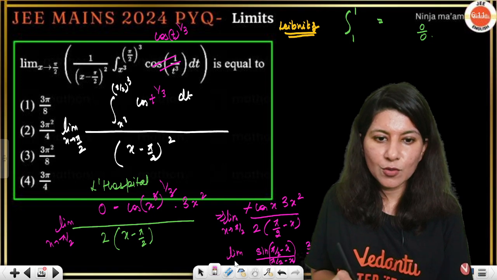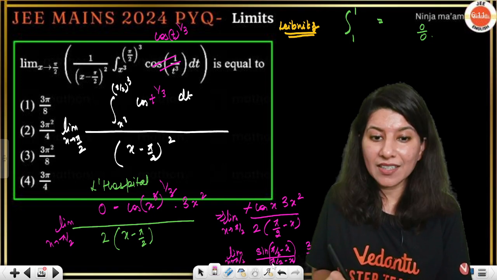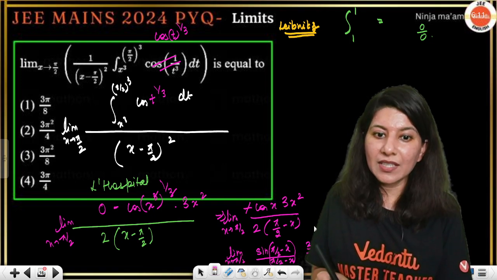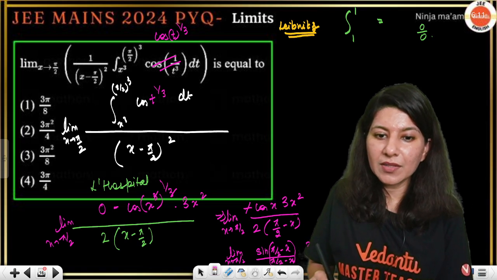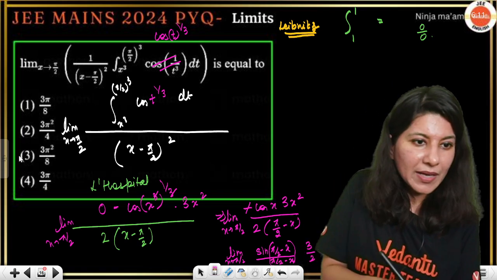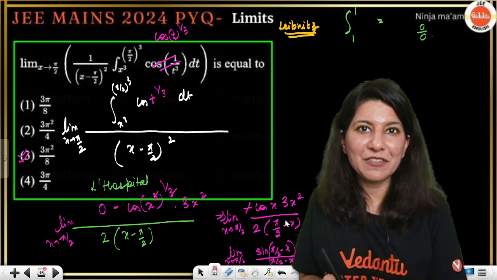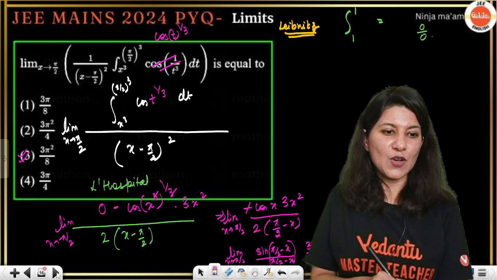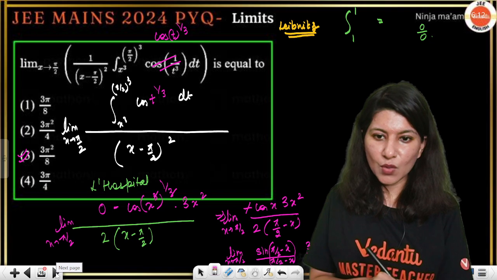So limit x tends to pi by 2, sin 0 by 0 is getting created again. So this is 1, and 3 by 2 pi by 2 whole square. So 3 pi square by 8, option C is absolutely right for this question. All right. Clear?